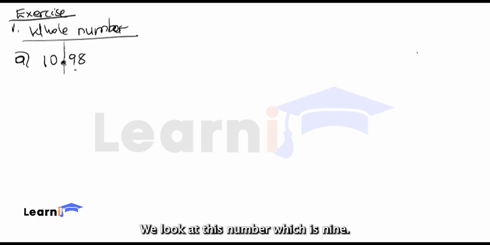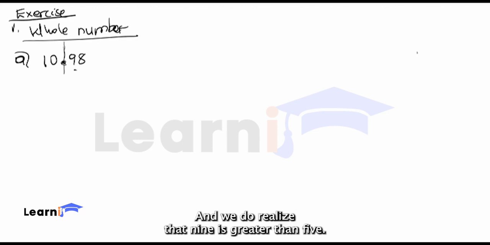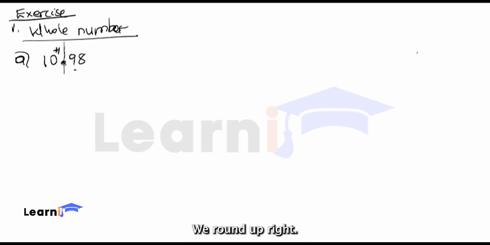We look at this number, which is 9, and we realize that 9 is greater than 5. So what do we do? We add 1. We round up, right? This will give us the value of 11.